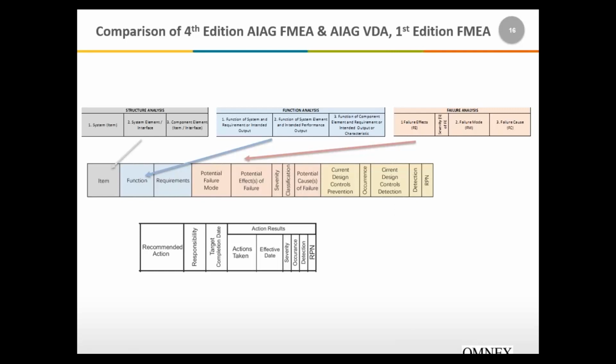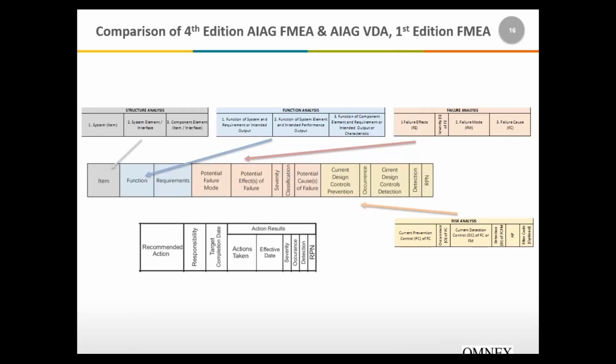So again, you see it in threes, and then what do you do? You identify the current design controls for prevention, and you do the current design controls for detection. All right. So that part of it is fairly the same, but there's no RPN anymore. What we do see is an action priority, or AP.